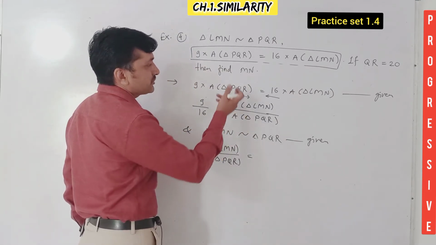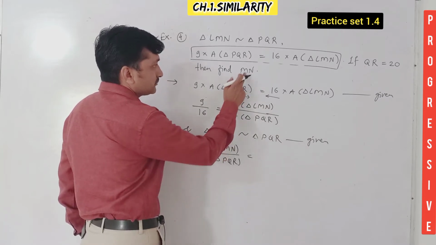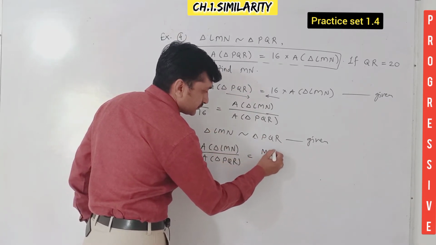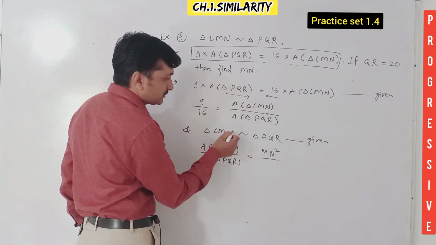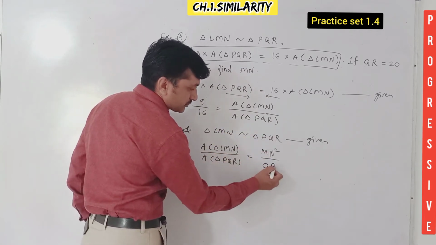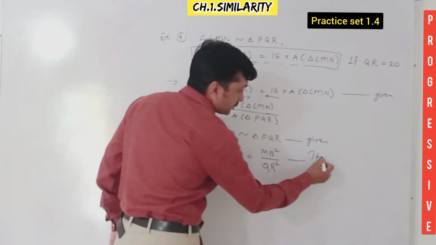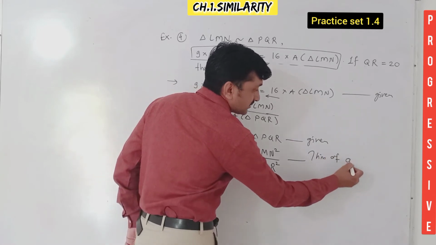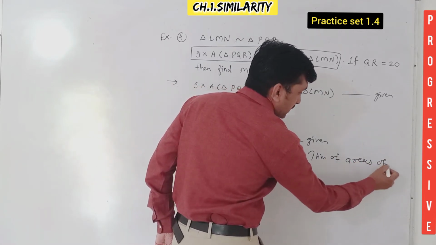Which side we want, that side you take. Here we want MN, therefore I write MN square, and the corresponding side of MN is QR, therefore QR square. And the reason here: theorem of areas of similar triangles.